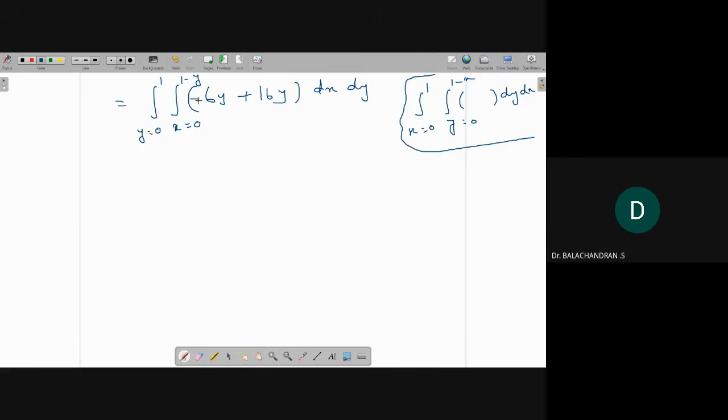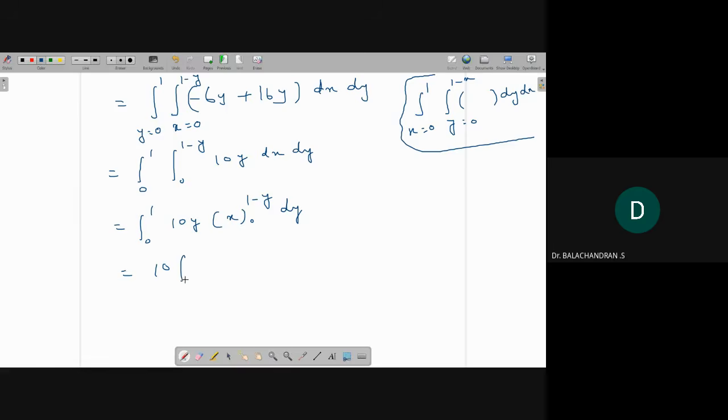So now I am going to do it like this. This is 0 to 1, 0 to 1 minus y, 10y into dx into dy. So 0 to 1, if you integrate with respect to x, keeping y constant, 0 to 1 minus y into dy.